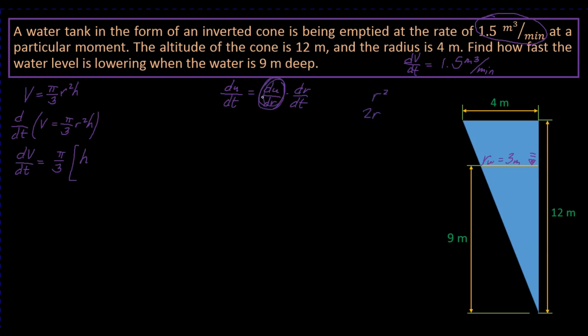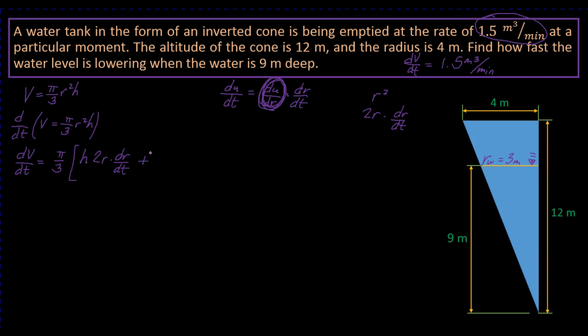So that means we're done with this part, and then times dr over dt. That's what we're going to write here: 2r times dr over dt. So the first term, using the product rule, we treated h as a constant.